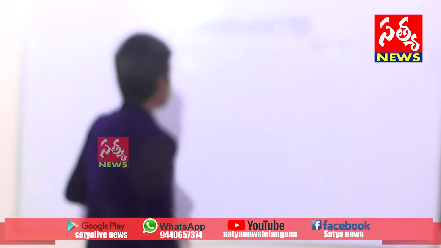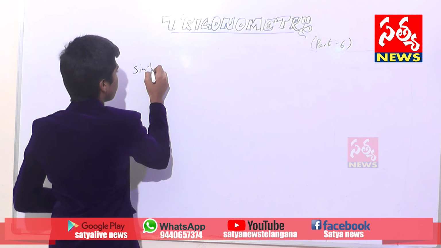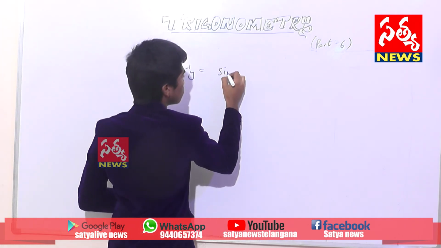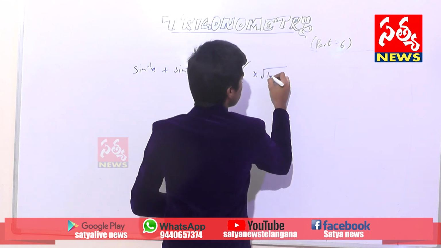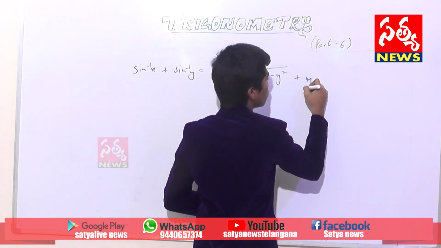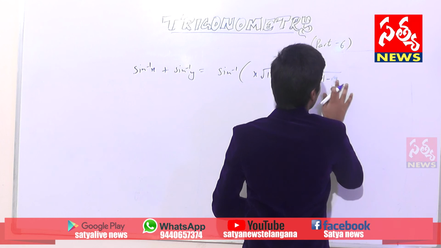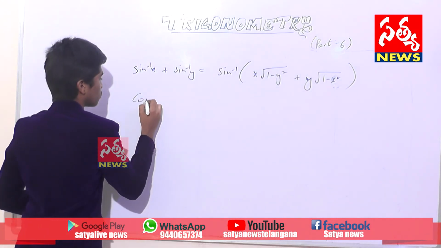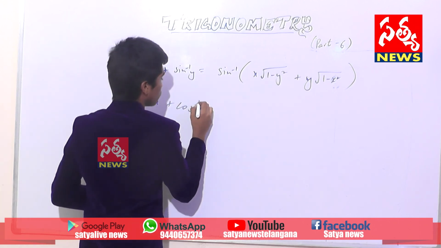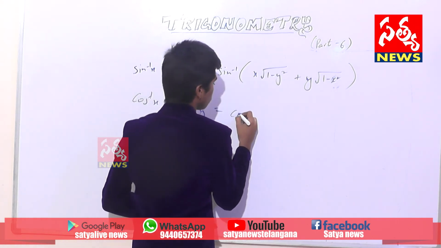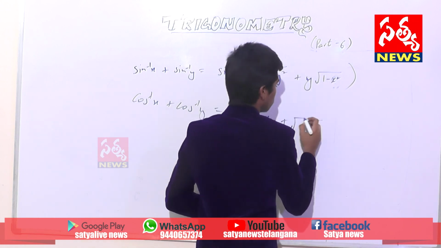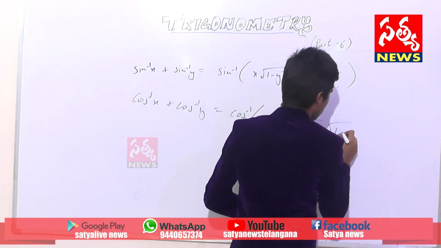The next two formulas are sin inverse of x plus sin inverse of y is equal to sin inverse of x under root 1 minus y square plus y under root 1 minus x square. And next is cos inverse of x plus cos inverse of y is equal to cos inverse of xy plus under root 1 minus x square into under root 1 minus y square.